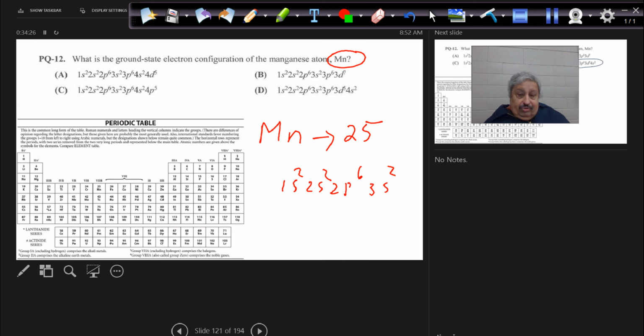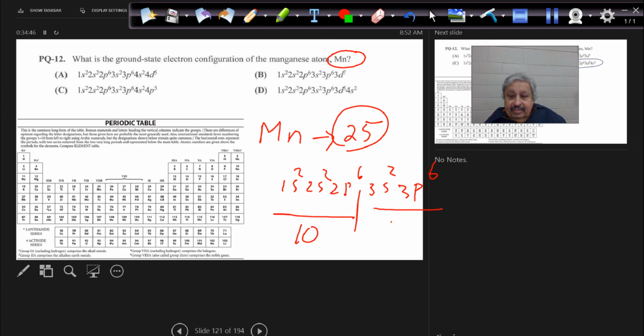The fourth, correct? So we have to have valence electrons in the fourth period. So 3s2, 3p6. Now calculate 25. Until here is 10 electrons, until here is 8. Then 3p will come.